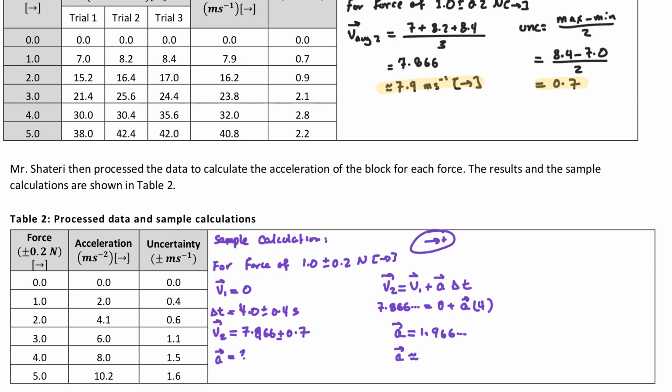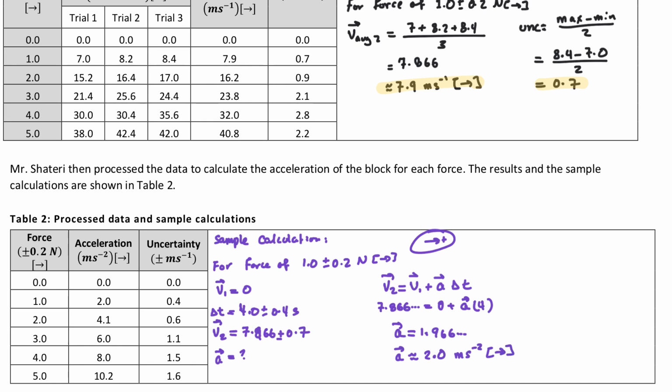So for my final answer, now that I'm processing, I do need to start looking at the number of significant figures, and my lowest is 2 throughout all of my calculations. So my final answer has to be rounded to 2 significant figures. In this case, I have to round up. This becomes a 0, this becomes a 2, this becomes 2.0, and my unit is meters per second squared, and my direction is to the right.